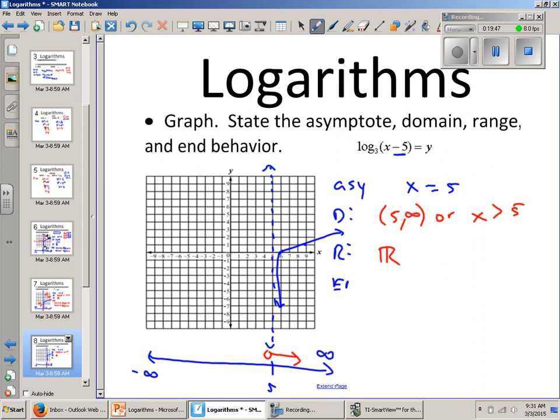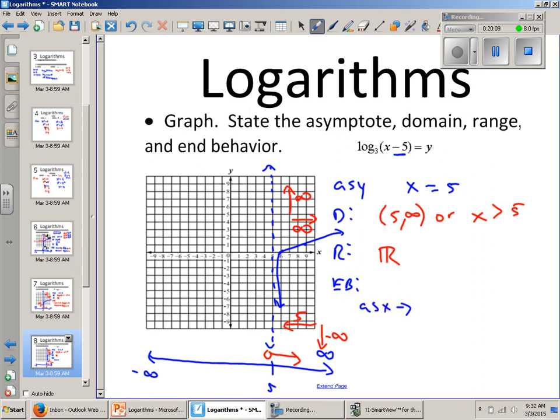End behavior. What are we doing here? We're going left and down. Left to what? 5, down to negative infinity. Here I'm going right and up to infinity, right to infinity. So let's write this.